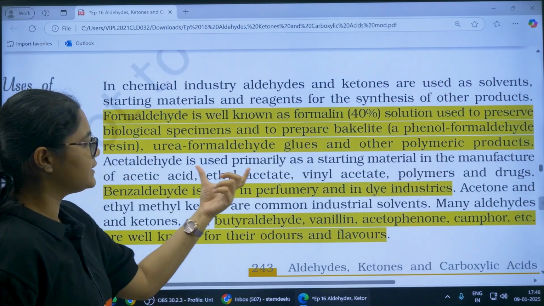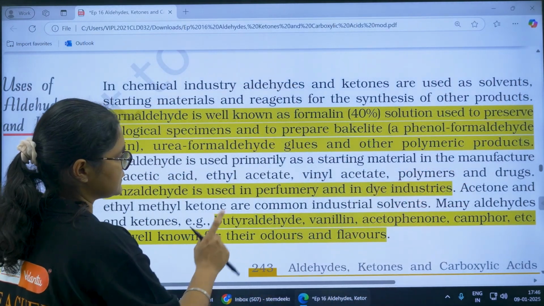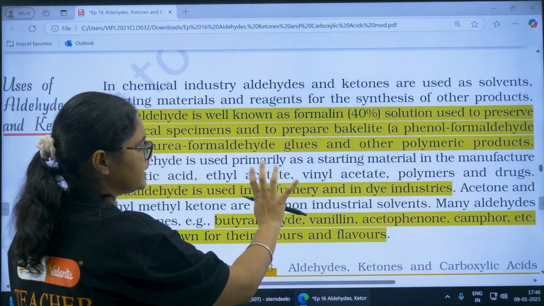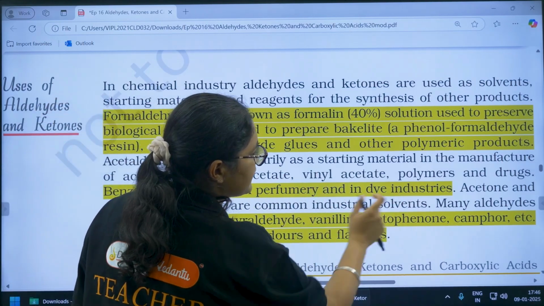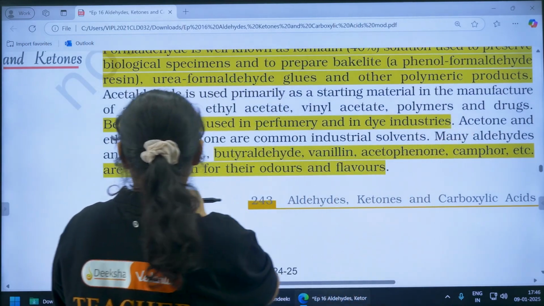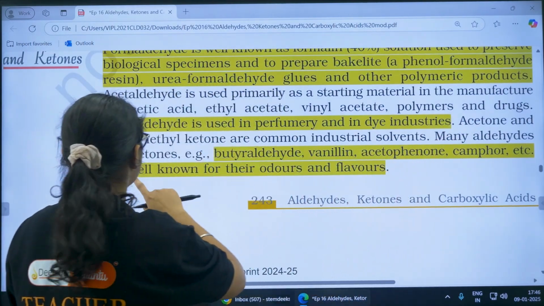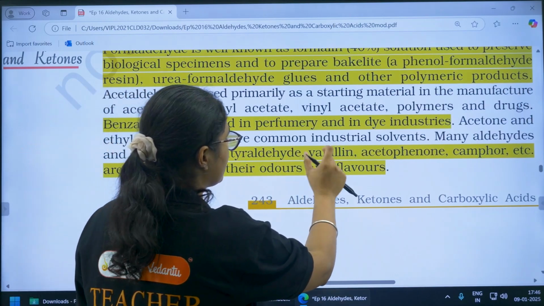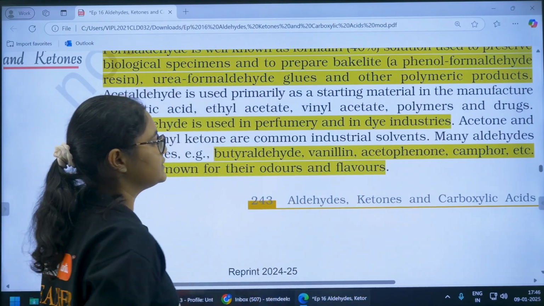Next, acetaldehyde is used primarily as a starting material in the manufacture of acetic acid, ethyl acetate, vinyl acetate. So this you can guess, but benzaldehyde is used in perfumery and in dye industries. Then acetone and ethyl methyl ketone are common industrial solvents. Many aldehydes and ketones, for example butyraldehyde, vanillin, acetophenone, camphor, etc. are well known for their odors and flavors.